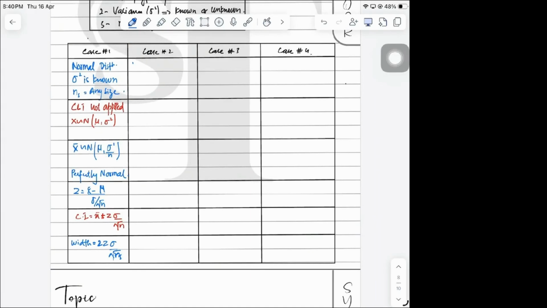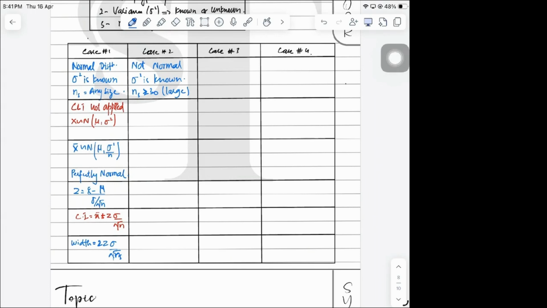And when the distribution is not normal, at that time sigma squared is known and n is greater than or equal to 30, which will be considered as large.